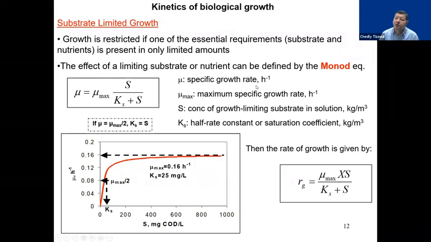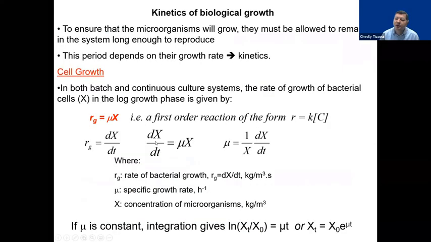The specific growth rate is a function of the concentration of the substrate. So mu can be considered constant under certain conditions, particularly when the substrate is at high concentration. Then mu is constant, and therefore the rate of growth of the bacteria follows an exponential type rate.